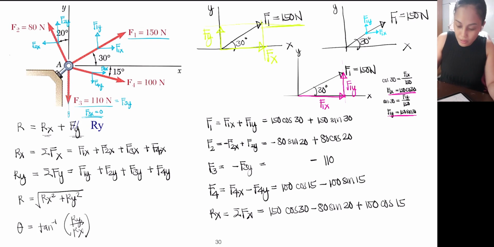Okay, so pila man ang Rx? So let's solve for Rx. Rx is 150 cosine 30 minus 80 sine of 20 plus 100 cosine 15 degrees.